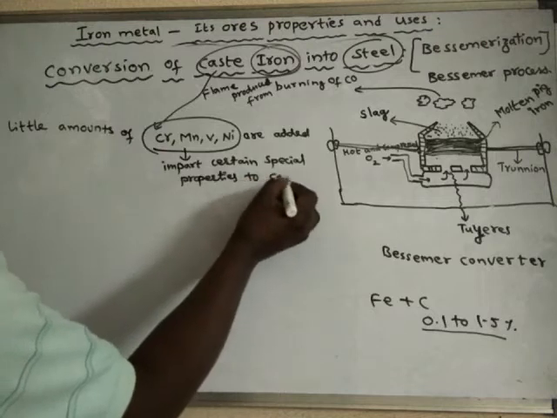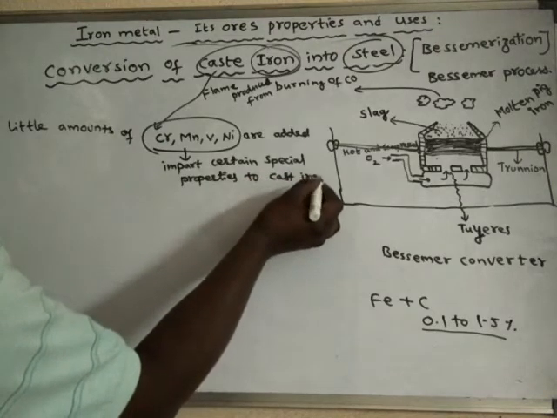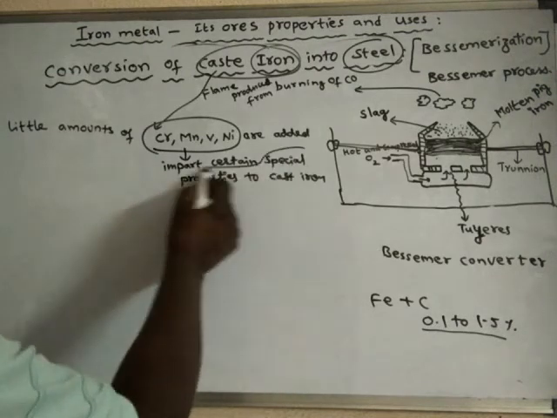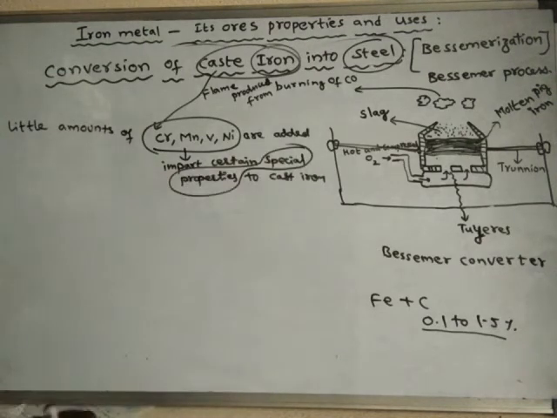That means when these metals are mixed with cast iron, the cast iron will show some special properties.